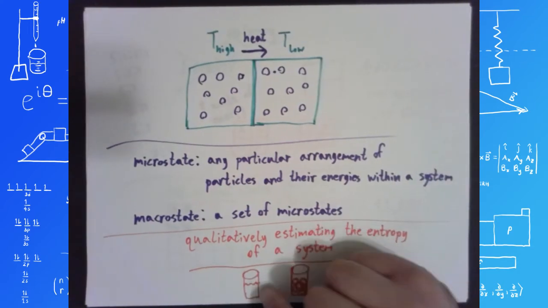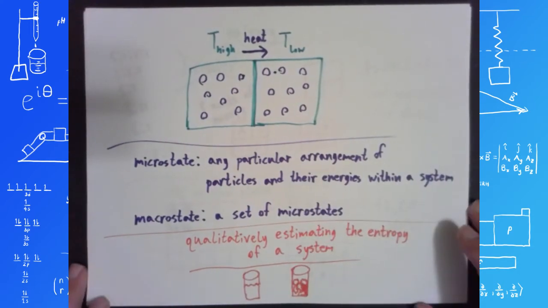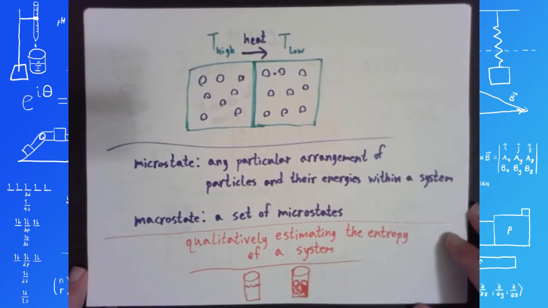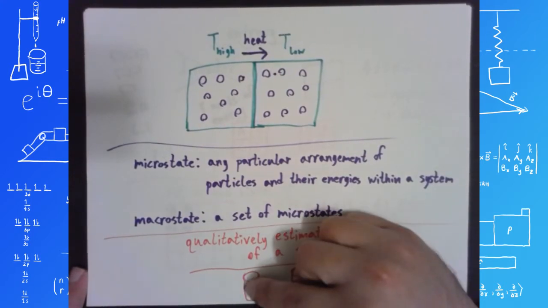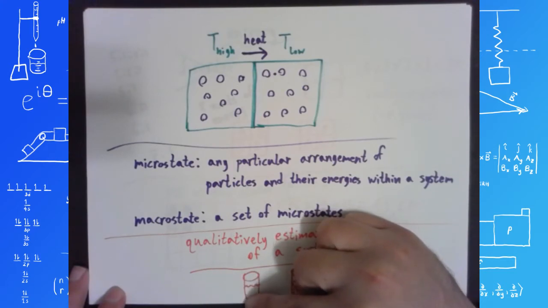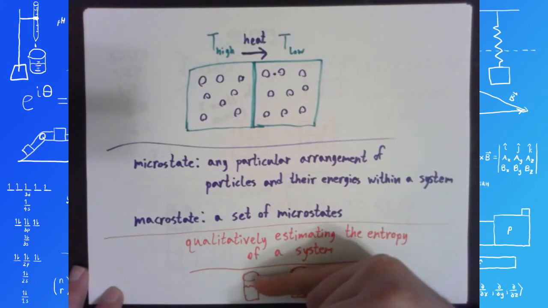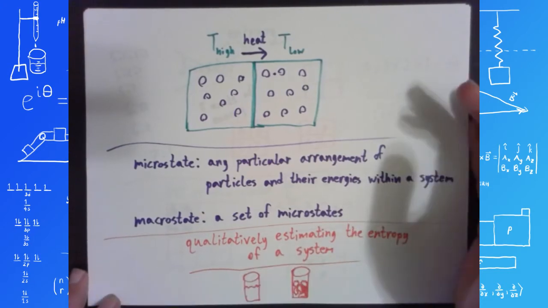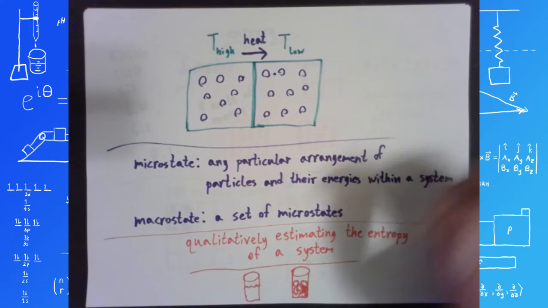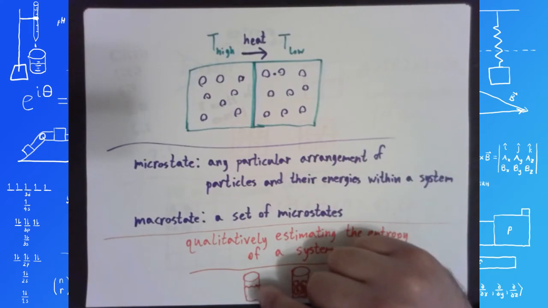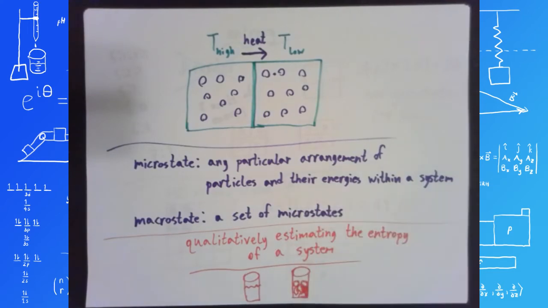Whereas in the liquid phase, the particles can move around, and a particle that used to be near the surface of the glass can migrate all the way to the bottom, and a particle that was all the way at the bottom can migrate to anywhere else within the glass. Well, up to the surface of the water at least. So yeah, there's freedom of movement. There's more available options for each individual particle when you're in the liquid phase.